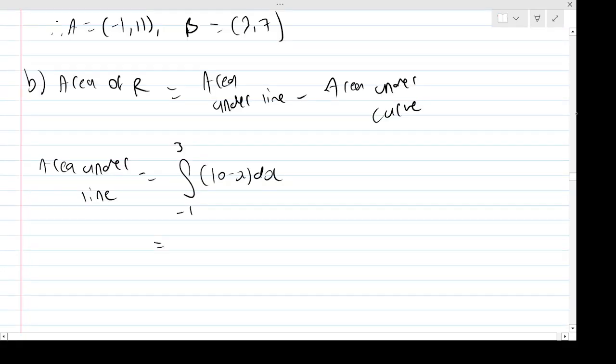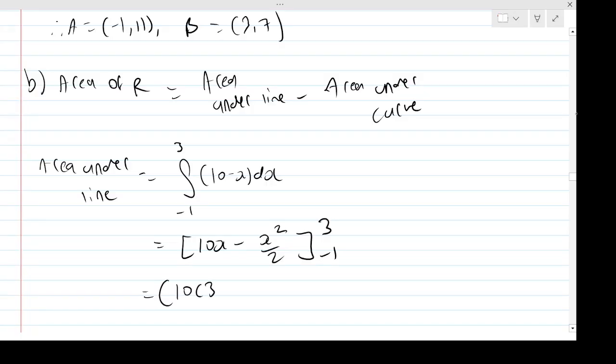So if we integrate this, that'll be 10x take away x squared over 2, between 3 and minus 1. Then we plug in our endpoints to get our limit. So we get 10 lots of 3, take away a half lots of 3 squared. Then I'm going to take away, plug in minus 1, 10 lots of minus 1, take away a half lots of minus 1 squared.